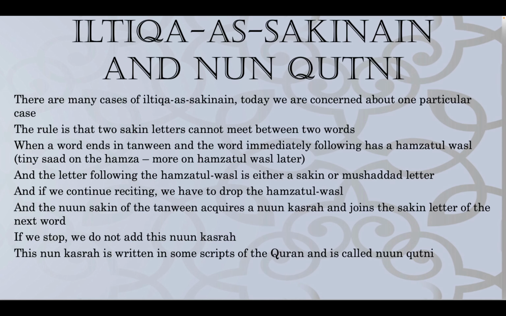If the first word ends with a sakin letter and the first pronounceable letter in the second word is a sakin or mushaddad letter, that's not allowed. And when a word ends in a tanween and the word immediately following has a hamzatul wasl on it, and the letter following the hamzatul wasl is either a sakin or mushaddad letter, and we continue reciting, the noon sakin of the tanween acquires a noon kasra and joins the sakin letter to the next word.